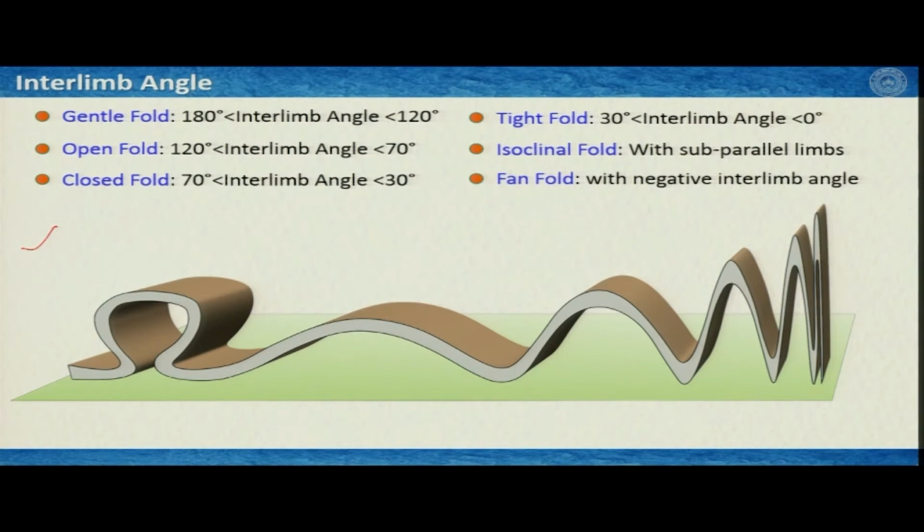So this is a fan fold. As you can see, here and here the interlimb angle you cannot measure on this side. This is therefore a negative interlimb angle, and we call it a fan fold. In some texts, fan folds are also given a term called elastica.